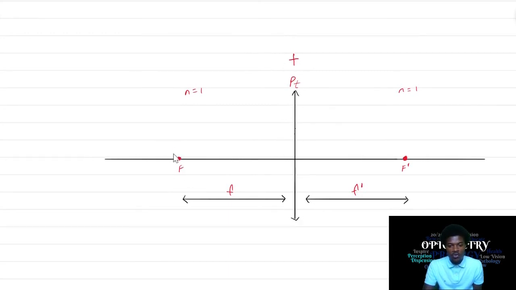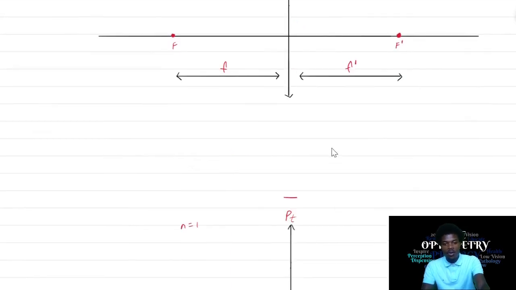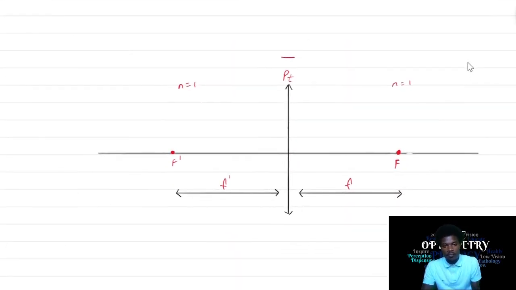We have our primary focal point, primary focal length, secondary focal point, secondary focal length, and our refractive indices. As you can see, we ignore the index of the thin lens surface. How about for a negative surface? So we have our negative surface here now. Secondary focal point on this side, secondary focal length, primary focal point, and primary focal length.